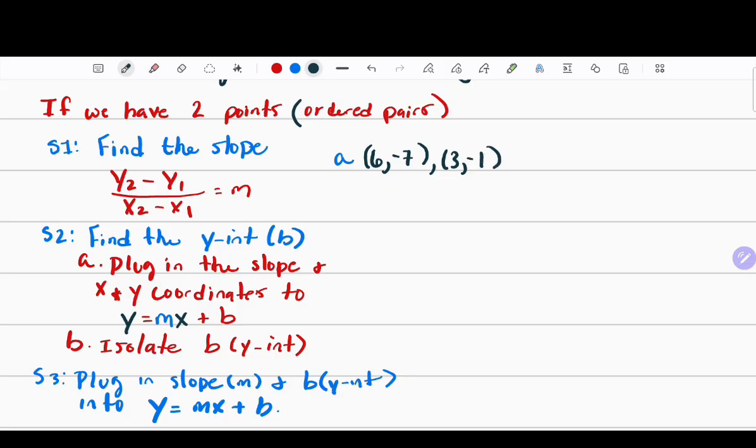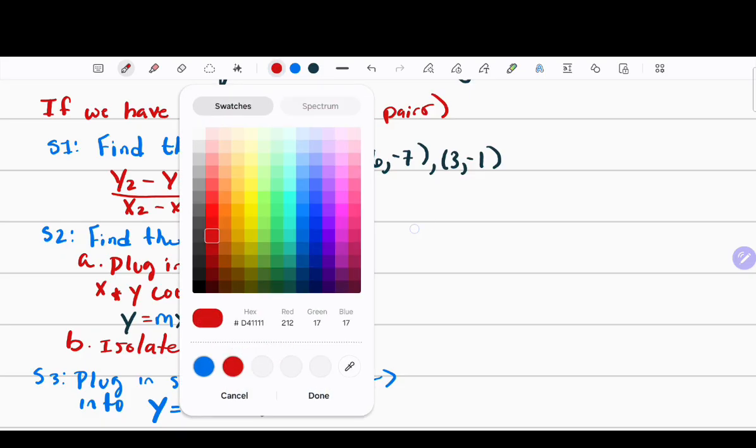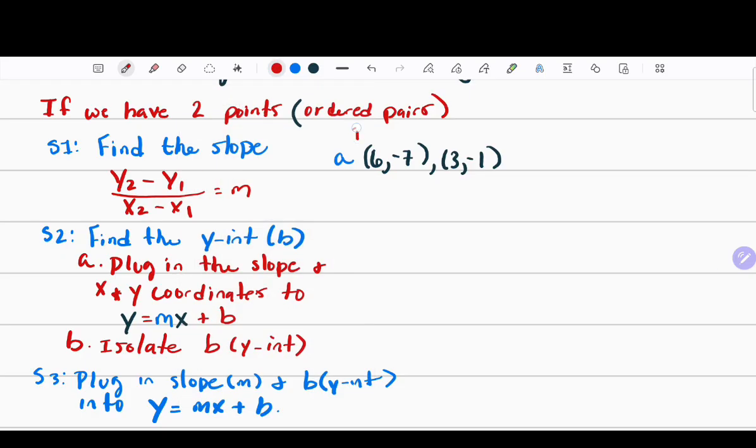All right. So the first thing that we do is find the slope. So let's go back and label. Because this is our point 1, we say x sub 1, y sub 1. And because this is point 2, we say x sub 2 and y sub 2.